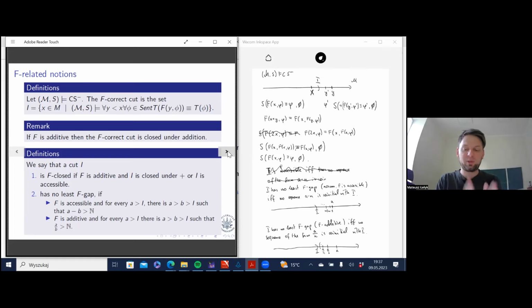We'll be able to find something between I and this sequence.